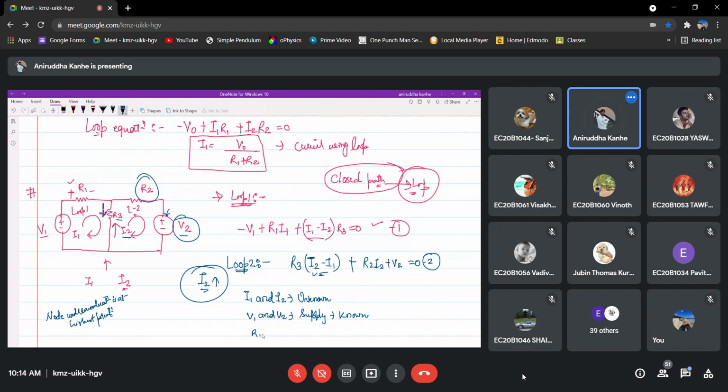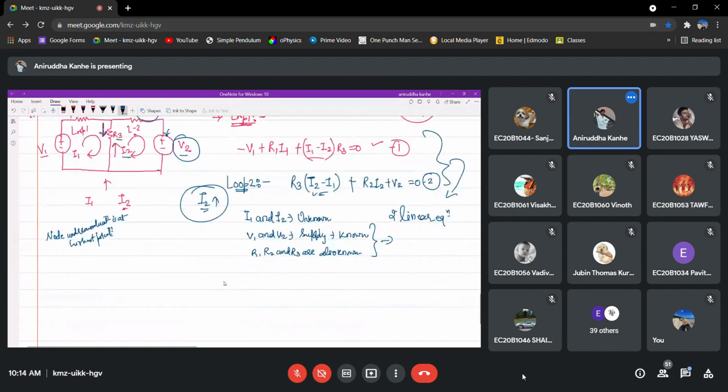R1, R2 and R3 are also known to you. So you need only two linear equations, and these are here. Is that fine?